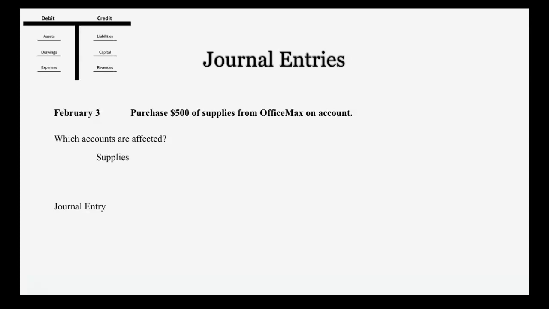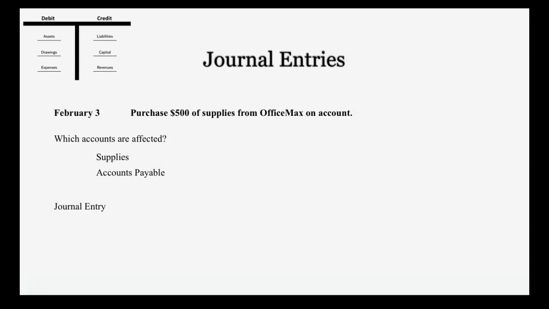So that means that we need to affect and change our supplies account in our books. And how did we pay for these supplies? Well, it tells us that we purchased them on account. And if you purchase supplies on account, that means that you will owe money in the future, so we're dealing with accounts payable.